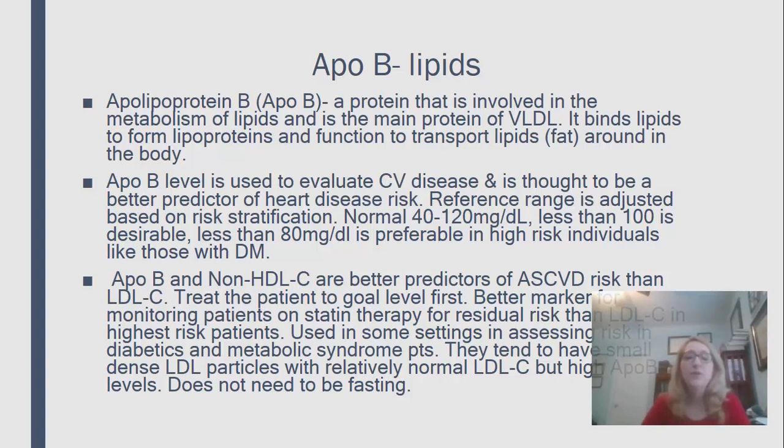It's a better marker than LDL-C for monitoring patients on statin therapy for residual risk in the highest risk patient. It's useful in some settings to assess risk in diabetic and metabolic syndrome patients. They tend to have small, dense LDL particles with relatively normal LDL-C, but high ApoB levels. This is another way of picking up additional risk when you think you've got them treated, but maybe you don't have them treated as well as you would like, and they don't have to be fasting when you draw it.